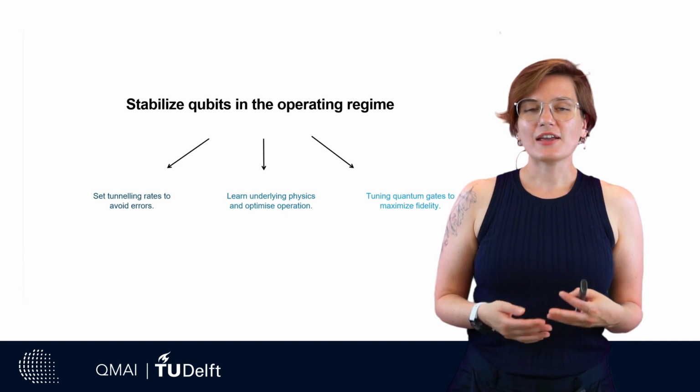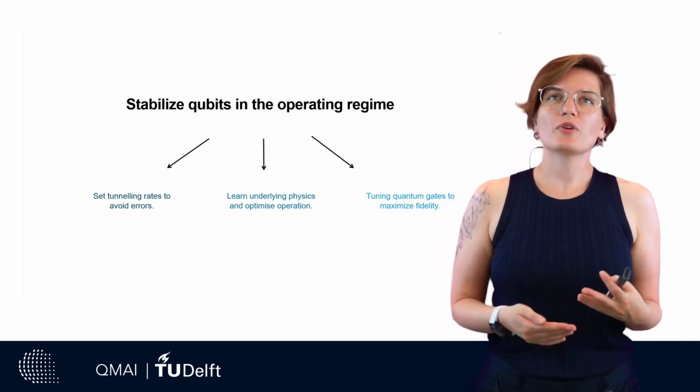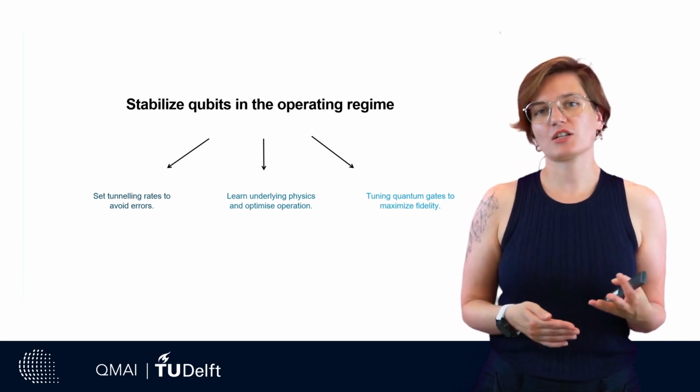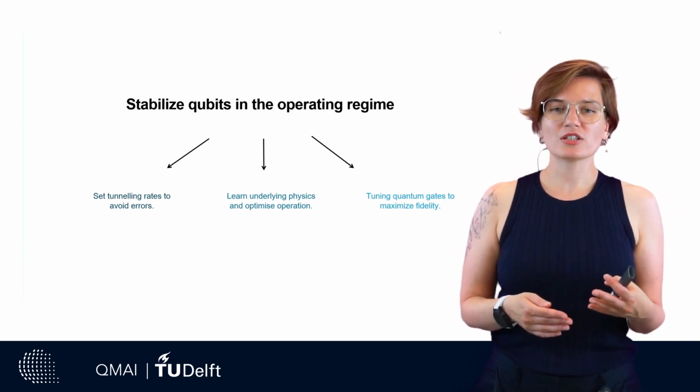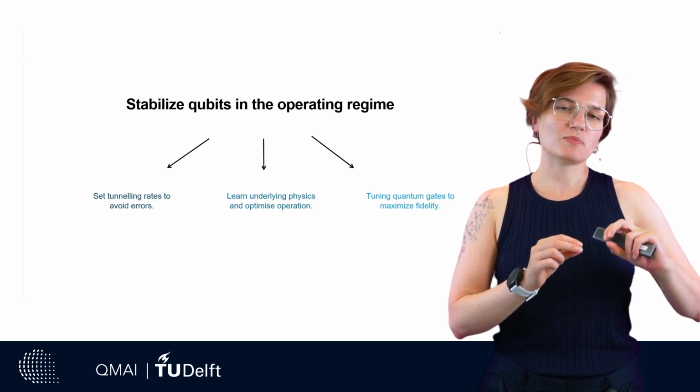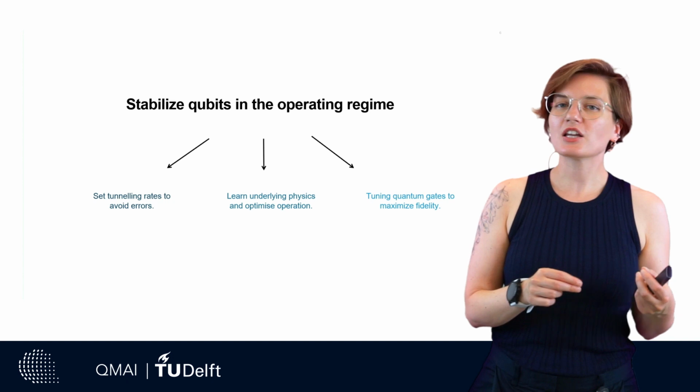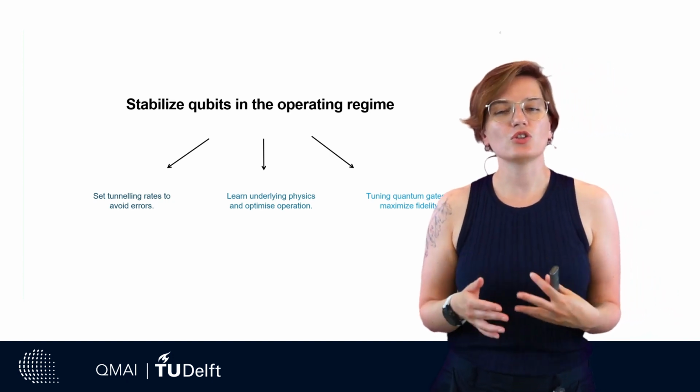Now, the way you do this is super diverse and heavily depends on exactly what kind of experiment you are doing, because the stabilization with respect to which exact phenomena is going to pretty dramatically influence what you need to do.